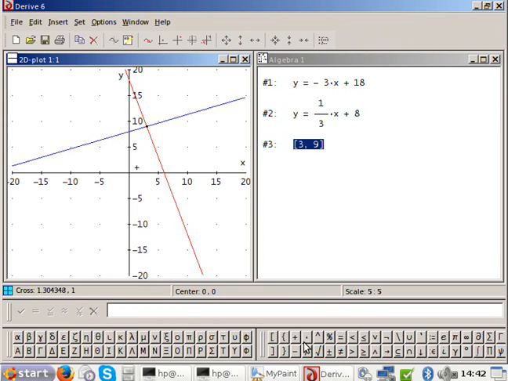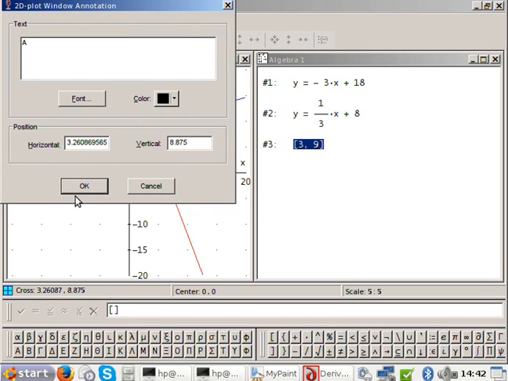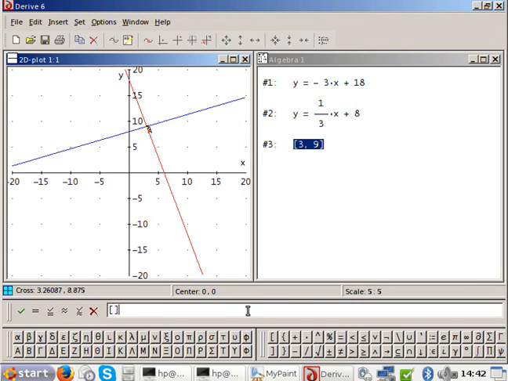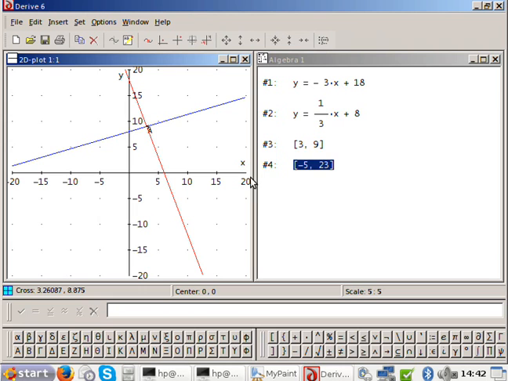Actually, let me put the other points on it. What was the other point? B. So hang on, let me just mark this. This is A. What's the other one? Minus 5, 20. And this one here, that's B, isn't it?